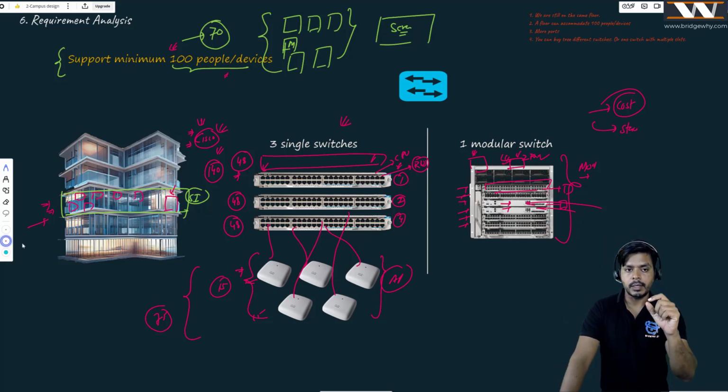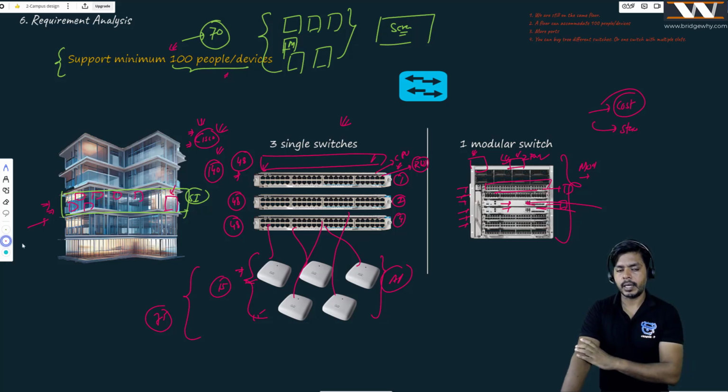How to decide what exactly you are going to do? In the last class, or maybe somewhere around the middle, I will be talking about how to decide, on the basis of requirements, which switch you should go ahead with. For that, you need to see the spreadsheets, or basically the capacities of all these switches, and then match those capacities with the customer requirement.